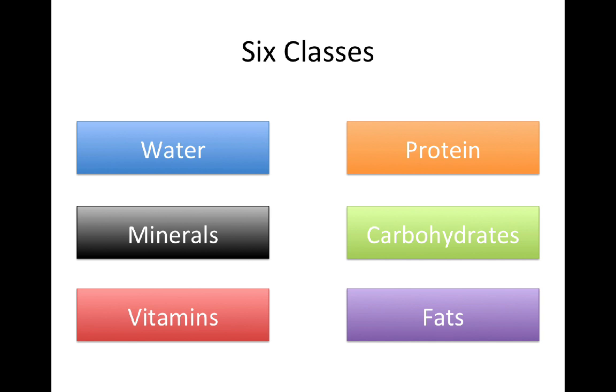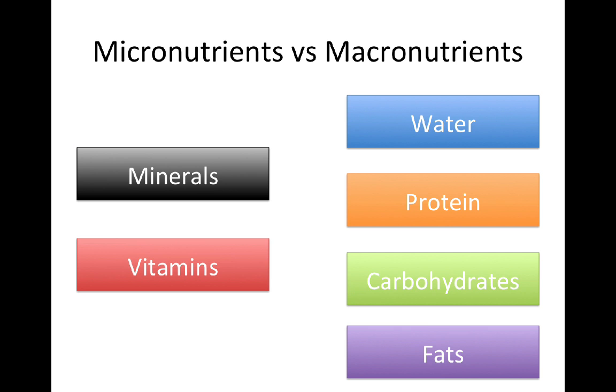So we divide nutrients up into 6 different categories, and we can divide these categories into other categories as well. We can break this up into the micronutrients, which are the vitamins and minerals, as well as the macronutrients.